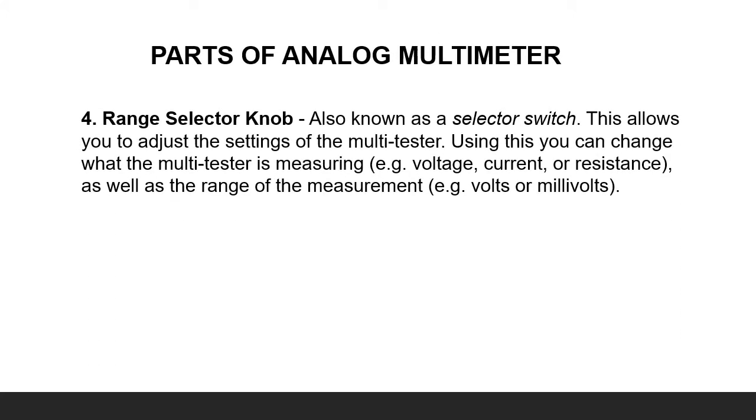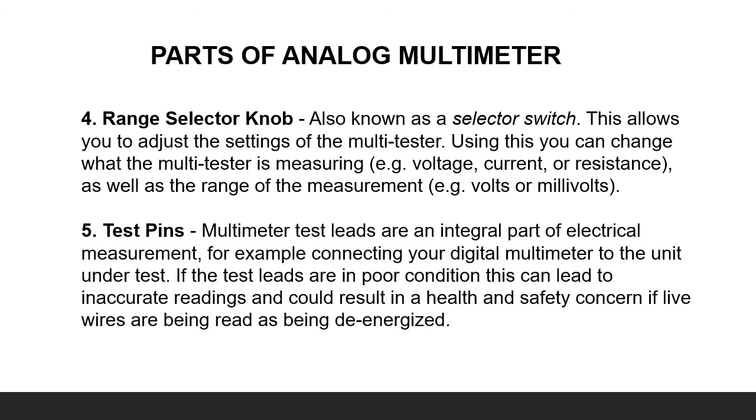Another part of the analog multimeter is the range selector knob, also known as a selector switch. This allows you to adjust settings of the multi-tester. Using this, you can change what the multi-tester is measuring, as well as the range of the measurement.